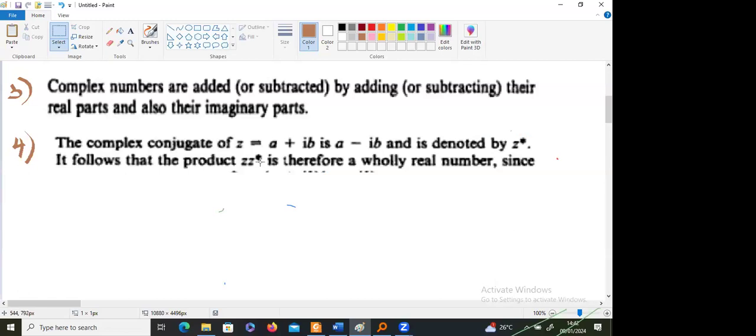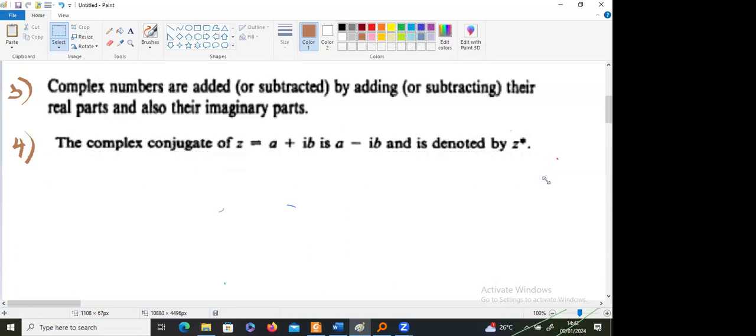Not that I needed all of it, I didn't need the second part. I would have picked just one part. I just needed the conjugate. The conjugate for A plus IB is A minus IB, and it is denoted.